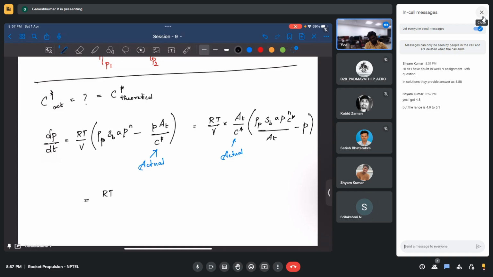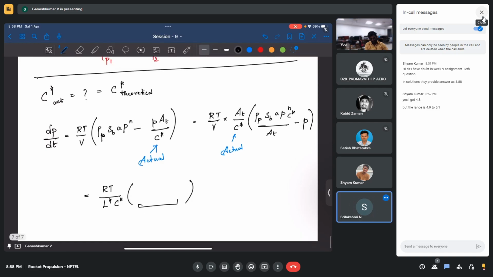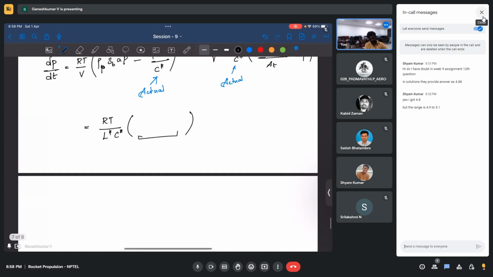So RT by C star, times this whole term. This part is the T characteristic, L star.